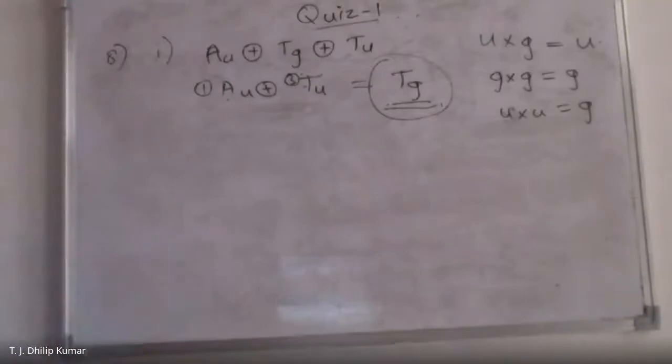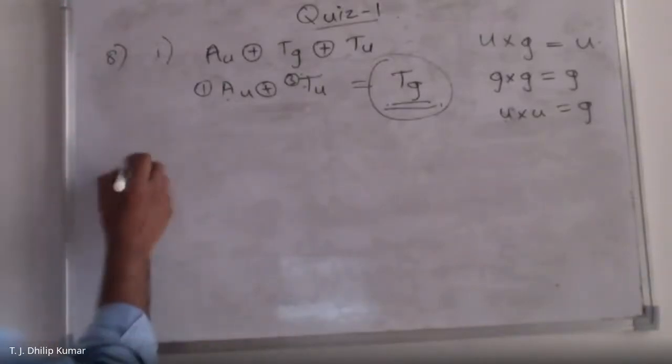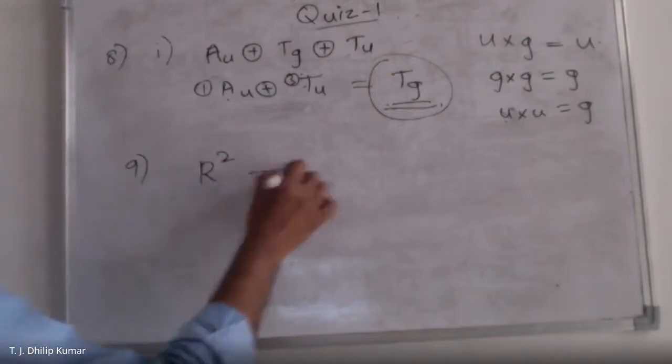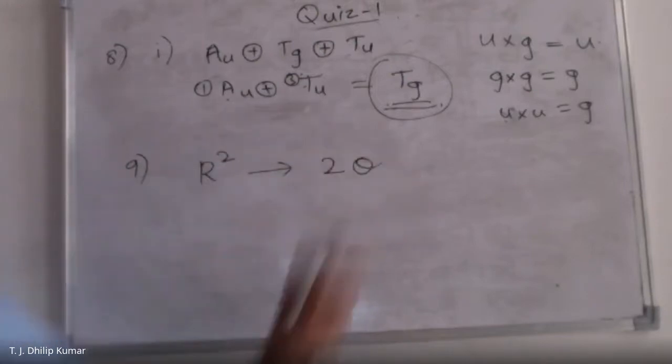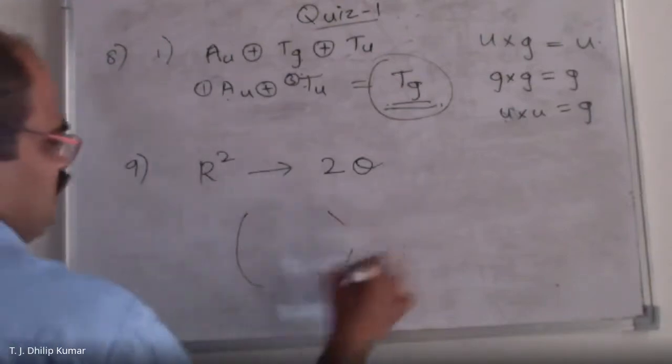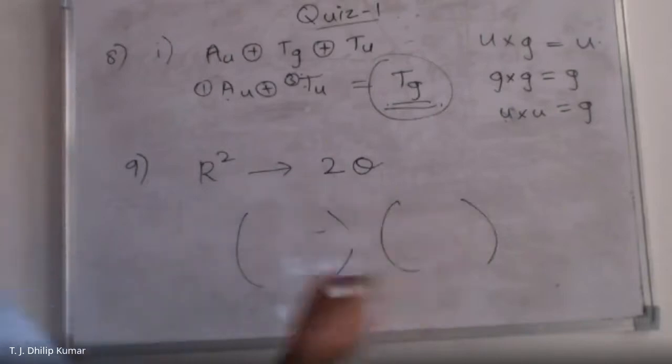This is 8, 9 is... if you do R squared, then it results in 2 theta. That's the answer. Only those who attempted the two matrix form, you have just tried the multiplication.